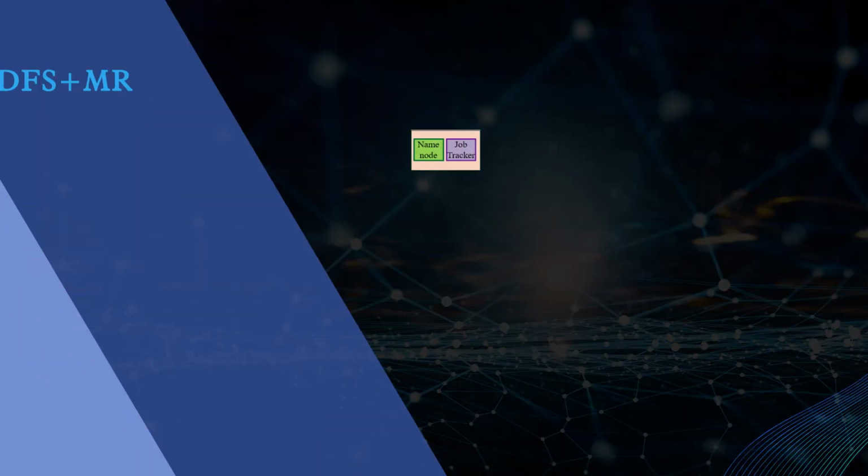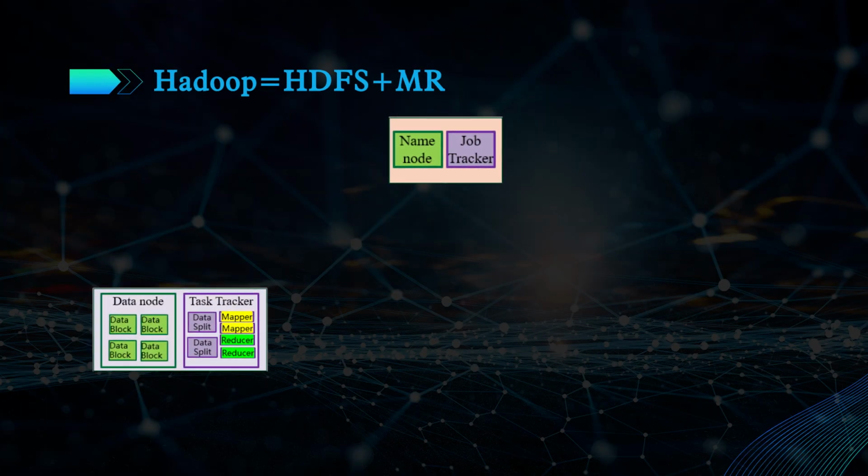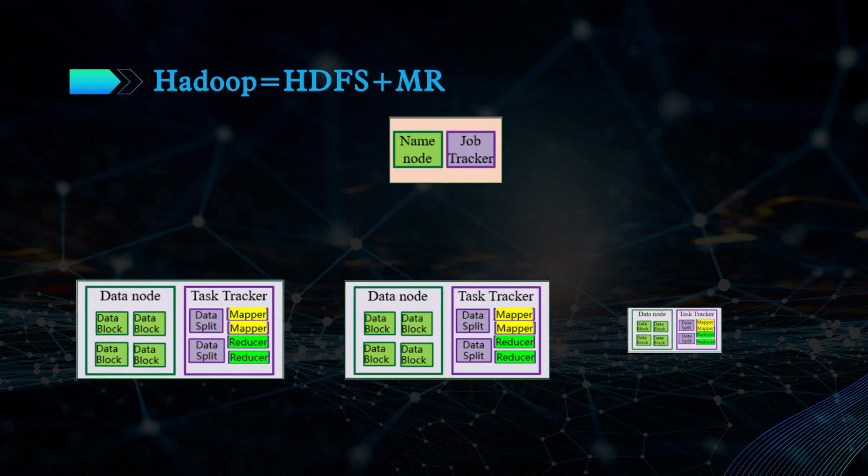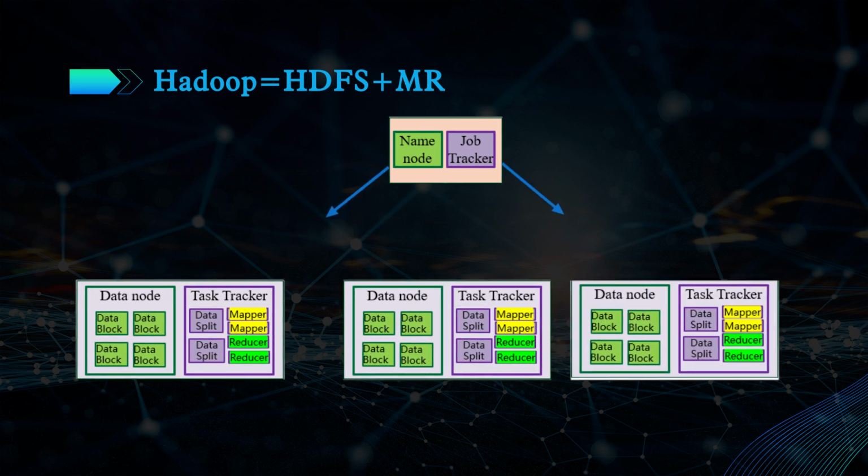Let's combine HDFS and MapReduce together. HDFS and MapReduce should be built on the same cluster. The master node should be both the name node in HDFS and the job tracker in MapReduce. And the slave nodes should be both the data node in HDFS and the task tracker in MapReduce.